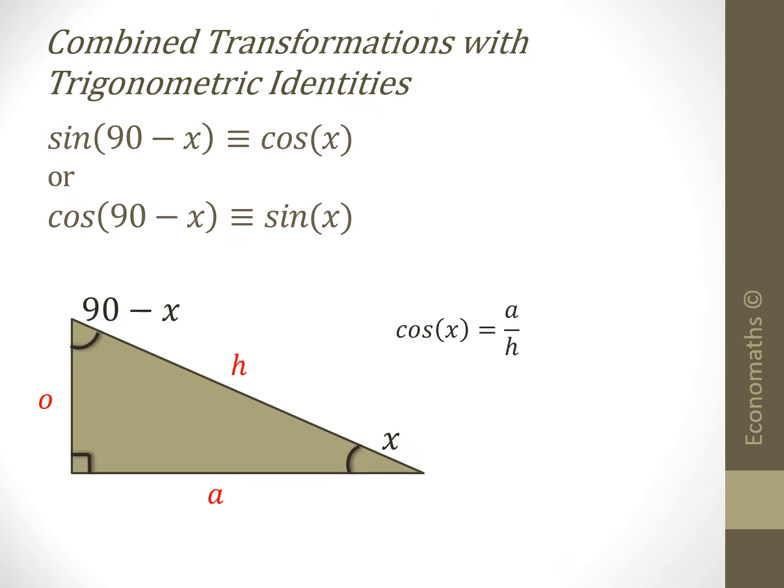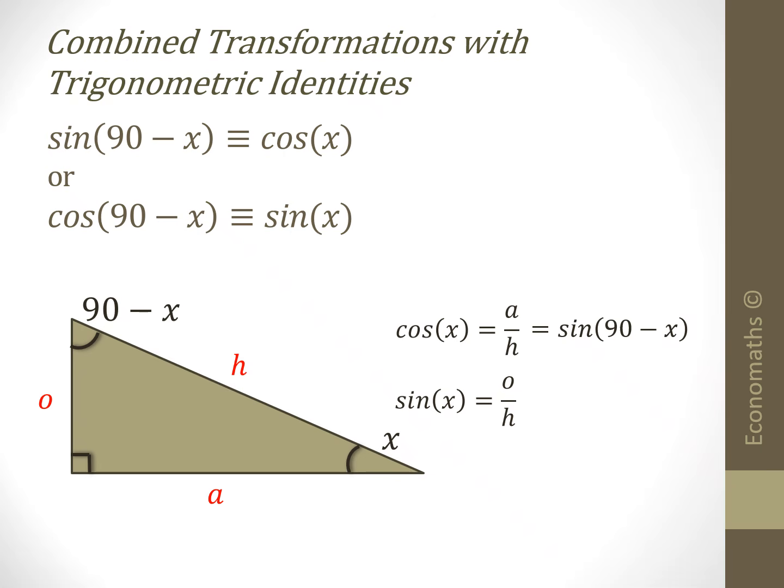So if we take the cosine of x, I've labelled A as the adjacent to the angle x and h as the hypotenuse. Well, this is actually also the same as the sine of the angle 90 minus x, because the side A is in fact the opposite in relation to the angle 90 subtract x.